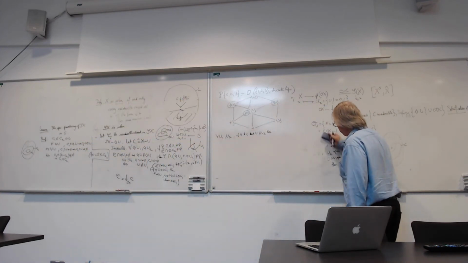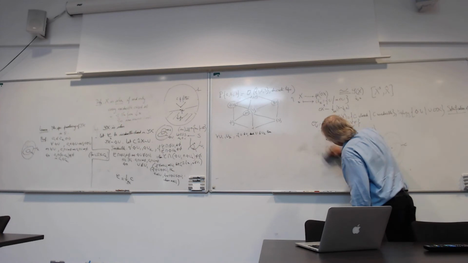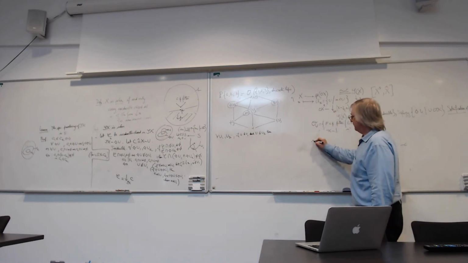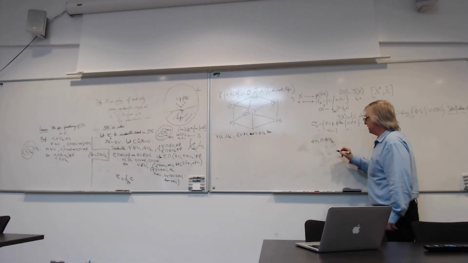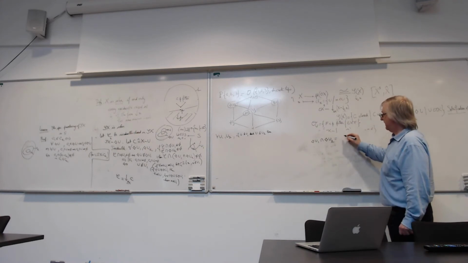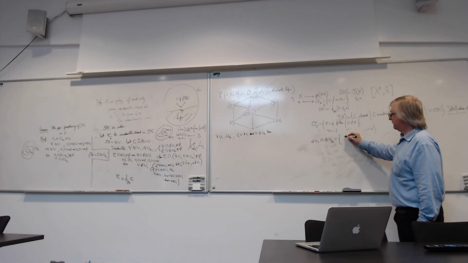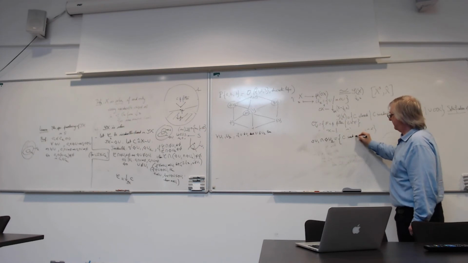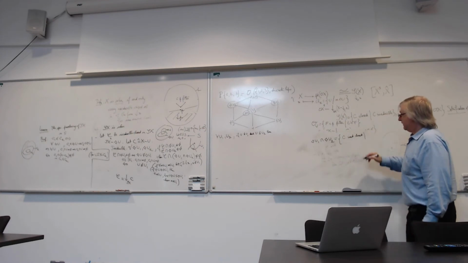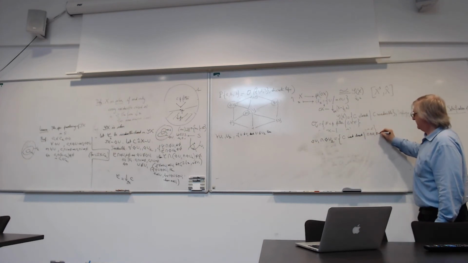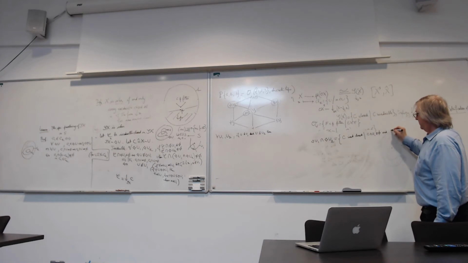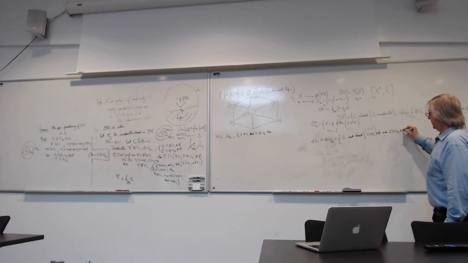So, observation, diamond U1, and this is what I should have done to show that it's a topology. Diamond U1 inter diamond U2 is a set of irreducible closed sets such that C is in diamond U1, that is such that C inter U1 is non-empty, and C inter U2 is non-empty.